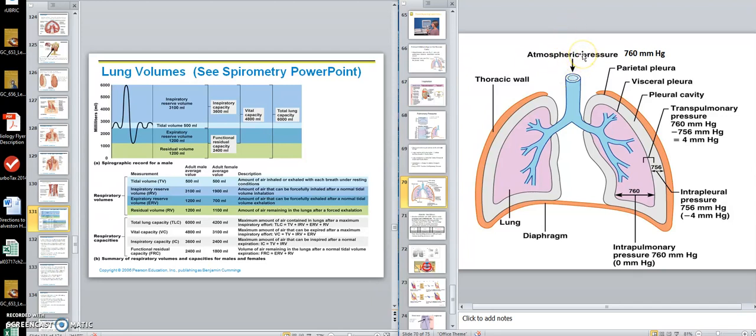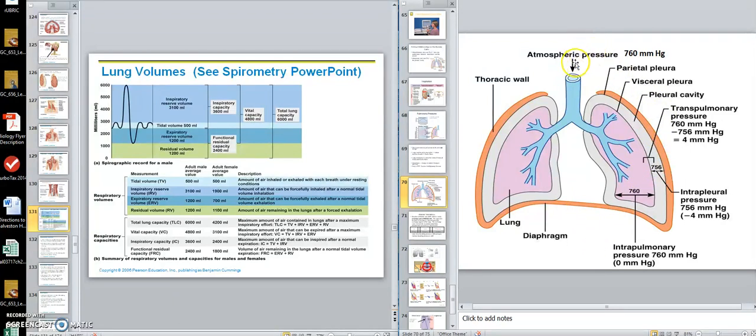So let's do it one more time to be sure we're on target. Nose and mouth open, nothing happening. You're equilibrating at 760 all the way down, but the intrapleural space is a 756, about 4 less than what's in here, because the chest wall likes to pop out and the lungs pop in. Now you drop the diaphragm, you're inhaling, and the external intercostals come out.